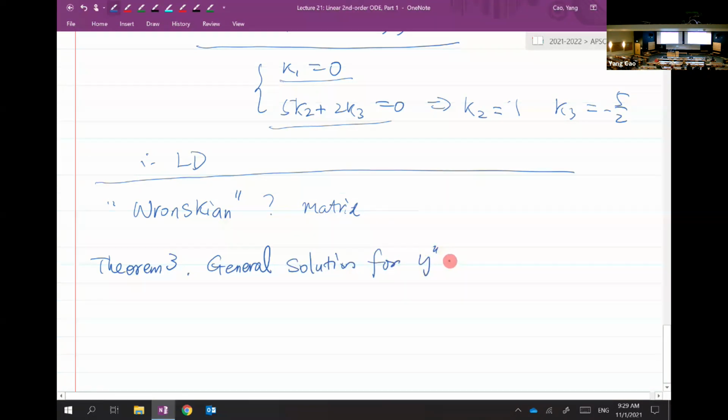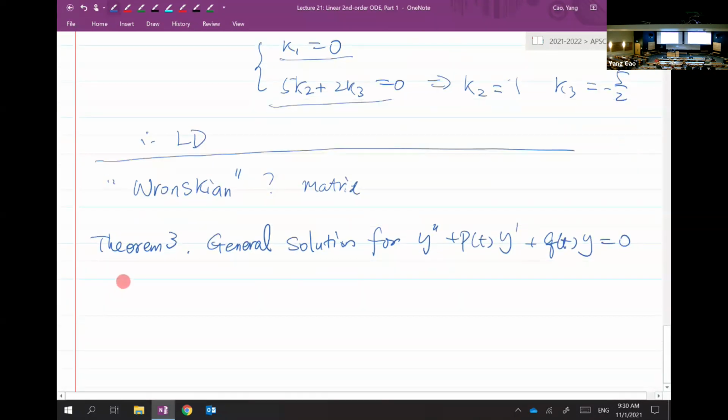So this is the actual theorem for finding a general solution for this homogeneous second order ODE.